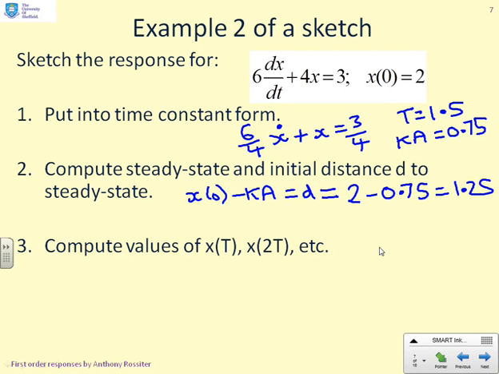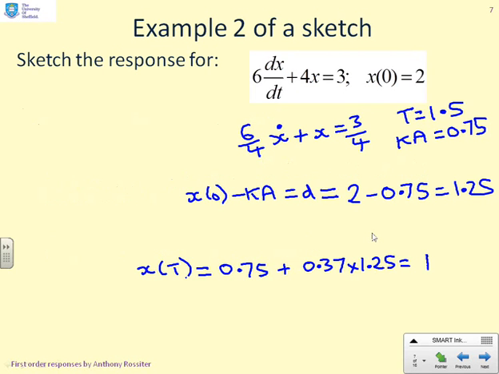Okay, so what we're going to get is x of T is going to be, now we need the steady state, which is 0.75, and then we're going to get plus 0.37 times 1.25. Now, I'm going to need my calculator to do this, so we've got 0.37 times 1.25 equals 0.46 plus 0.75, so we get 1.21.